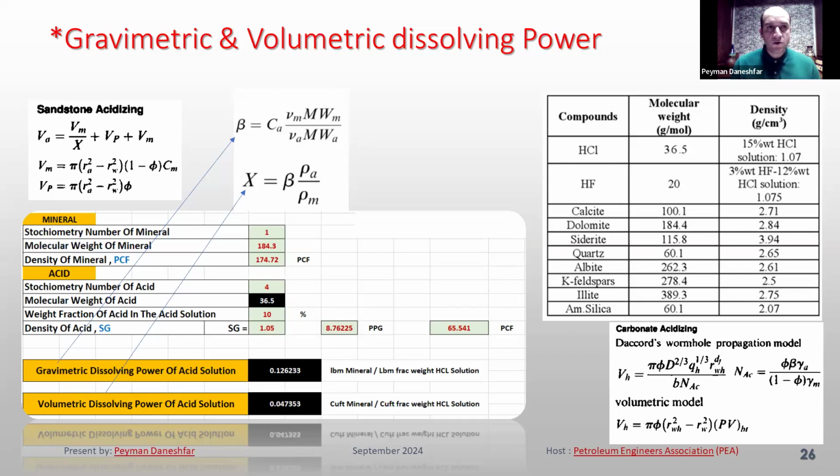When we find these two items, we can find the volume of acid that we want to acidize the well. The formula on the left side you can use for sandstone acidizing.